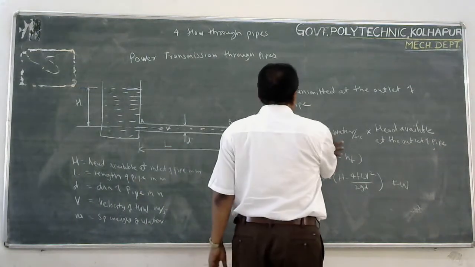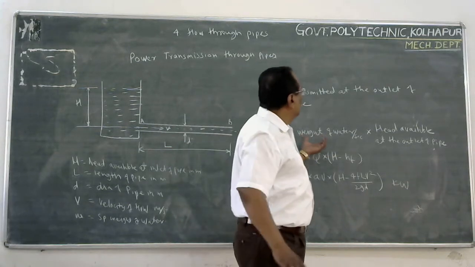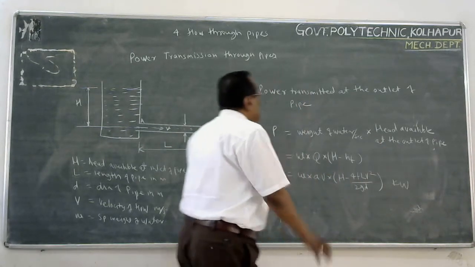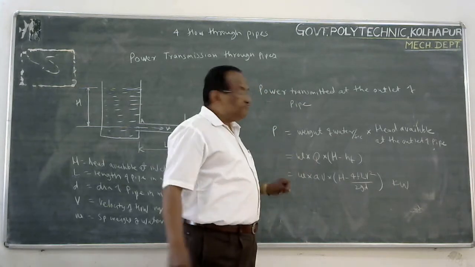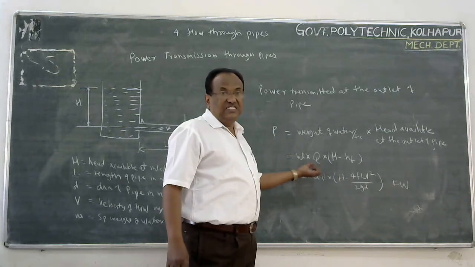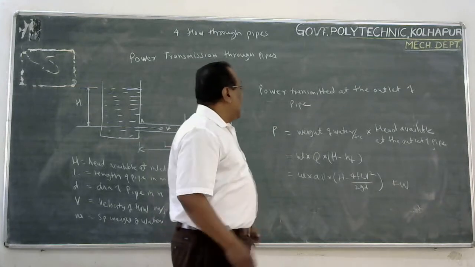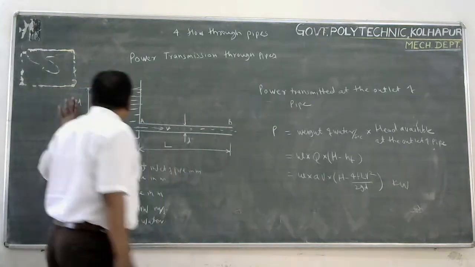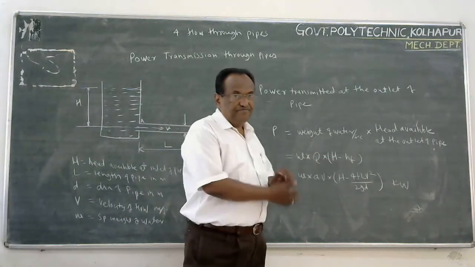The power available at the end of the pipe is calculated by weight of water flowing per second multiplied by head available at the outlet of pipe. Weight of water flowing per second is calculated by specific weight multiplied by Q, that is discharge, which is in meter cube per second. And head available at the outlet of pipe is H, that is total head available minus head loss due to friction, isn't it?